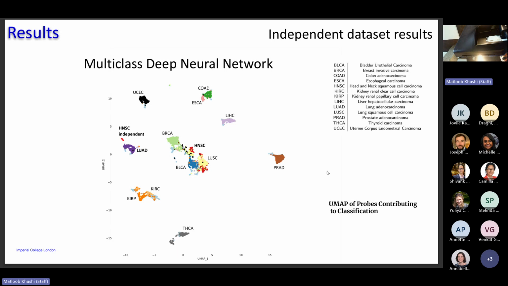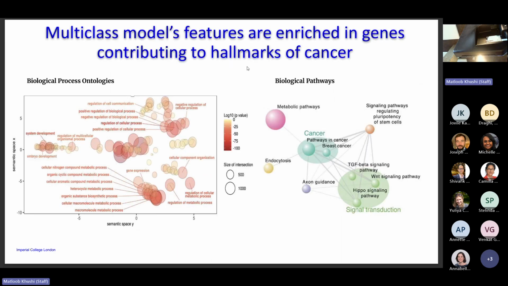This is just a PCA plot showing where all the probes fall. The probes classified by the deep neural network. Because we had the probes, we could map them. So the features are the probes. The probes can be mapped to the genome, and then we can figure out which gene that probe detects, or the CpG islands near the gene.